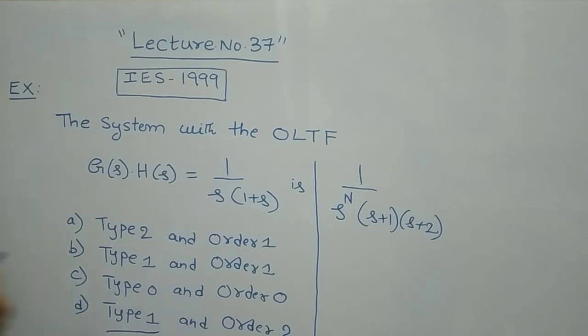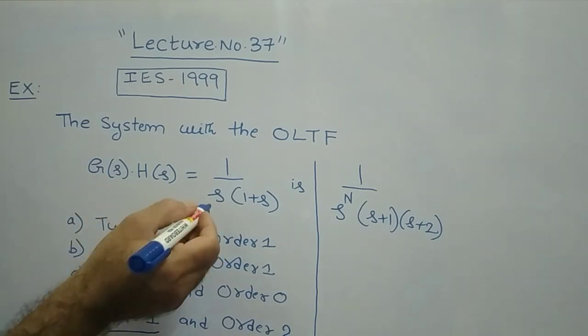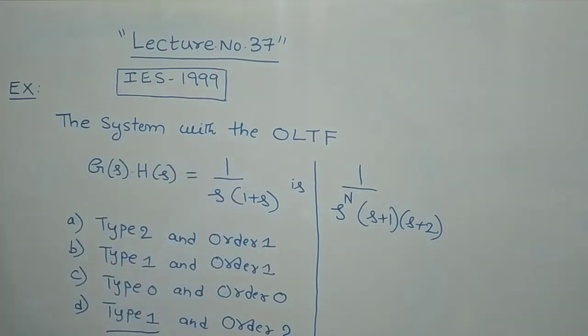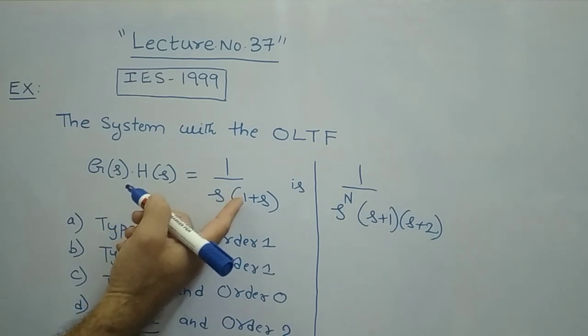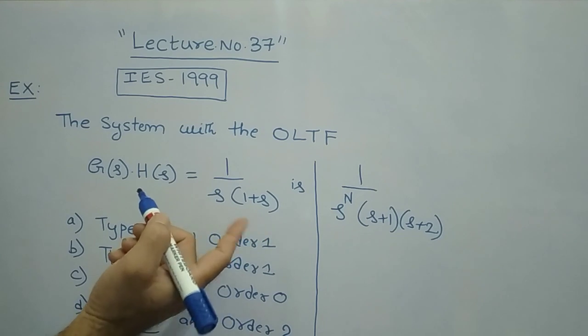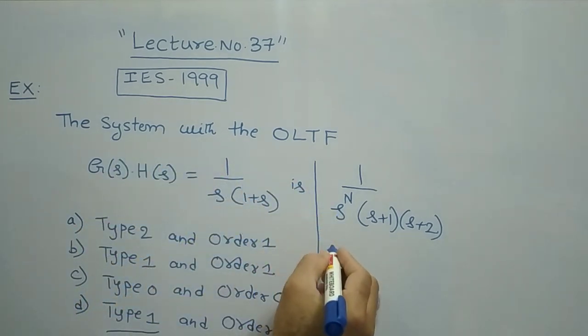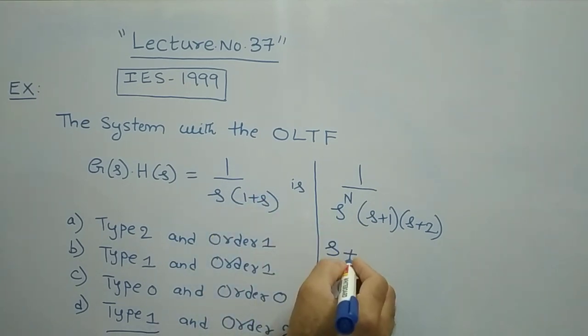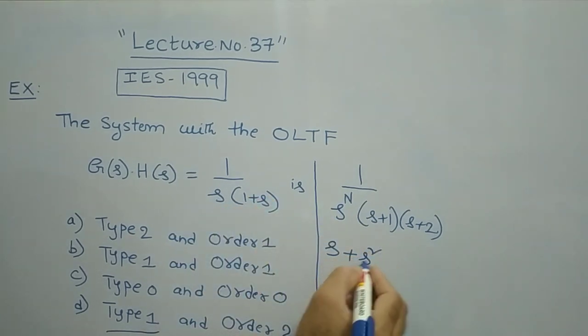Then what is the order? Multiplying S into 1 plus S gives S into 1S plus S into S square. The highest power of S is the order of the system.